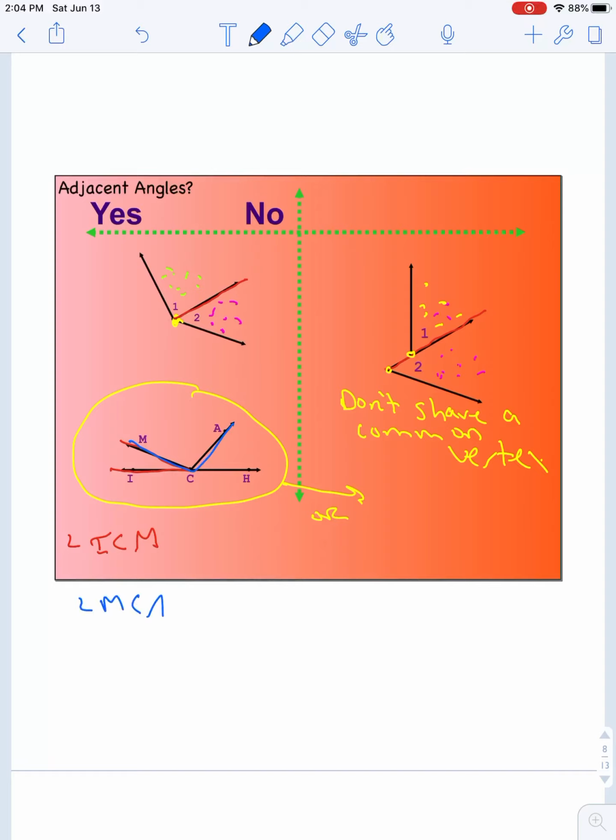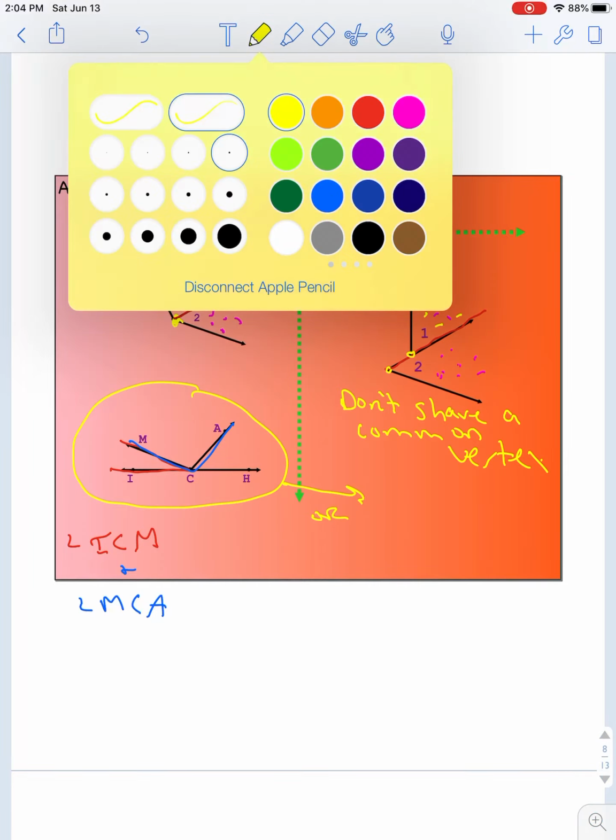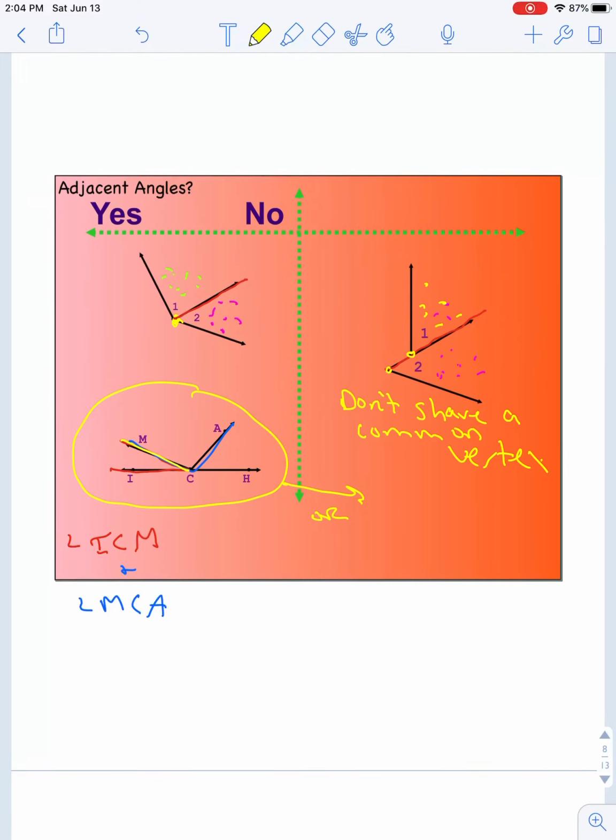So MCA, they share this common side right here. They have the common side, they have the common vertex, and they don't have any interior points in common. So angle ICM and angle MCA are adjacent angles.